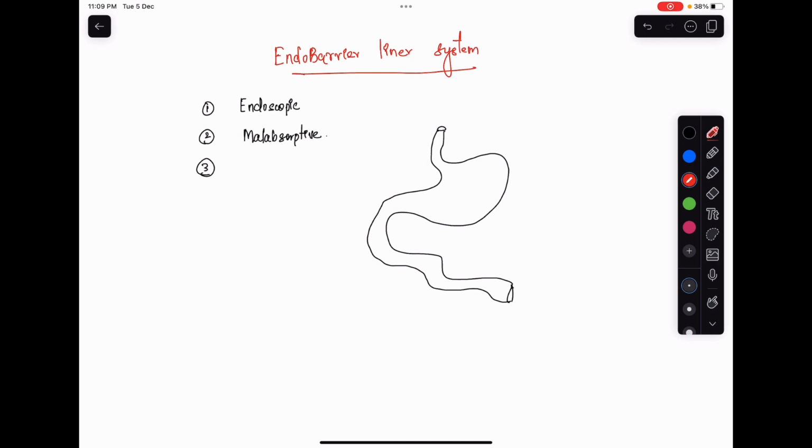It is firmly adherent to the luminal wall, and it goes till the proximal jejunum. It acts like a barrier so that food won't be absorbed in this segment wherever the liner is placed. Food will come here, get partially digested in the stomach, enter via this liner system, and completely go out without digestion. So this is a malabsorptive type of surgery, and this is also removed after 6 months.